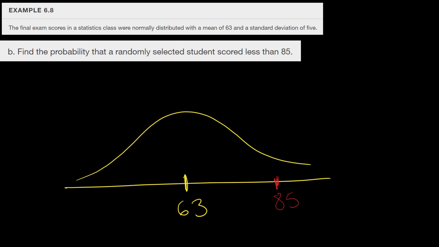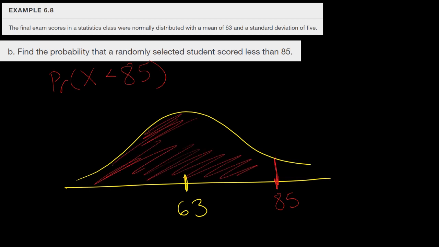And we want to find the probability that a score for the statistics final exam is less than 85. So I want to find basically all of this area. What is this area? Actually, that's a cumulative probability. It's the area to the left. So this is going to be pretty convenient to calculate in Excel.